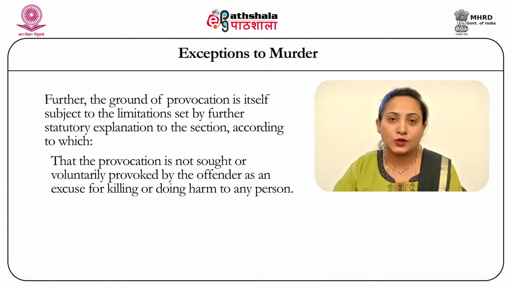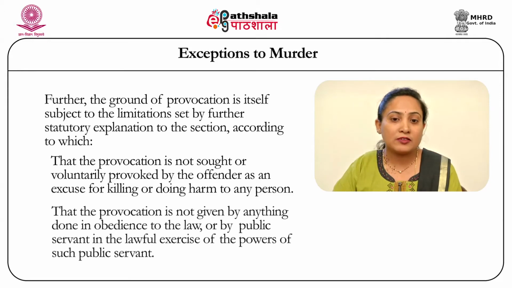Hence, the provocation should not be the one which is voluntarily sought by the accused. Secondly, the provocation must not be given by anything done in obedience to the law or by a public servant who is lawfully exercising his power while discharging his duty as a public servant. Hence, this ground of exception is not available against a public servant or the one who is assisting a public servant while discharging his duty.